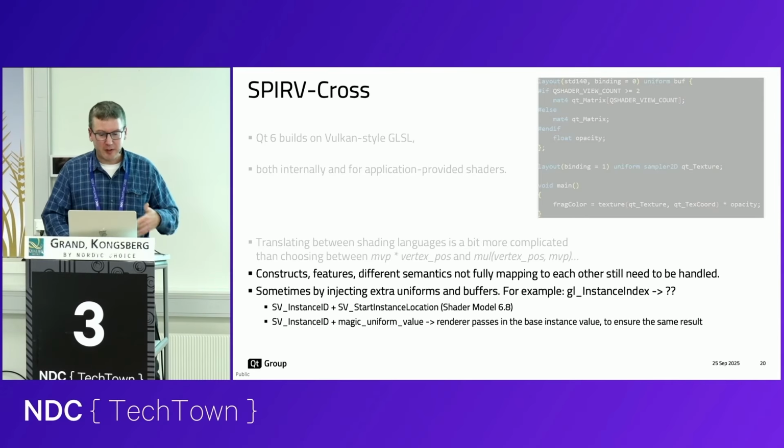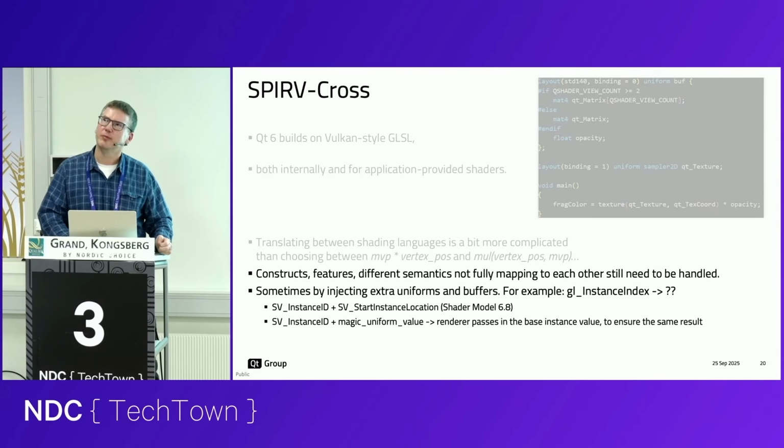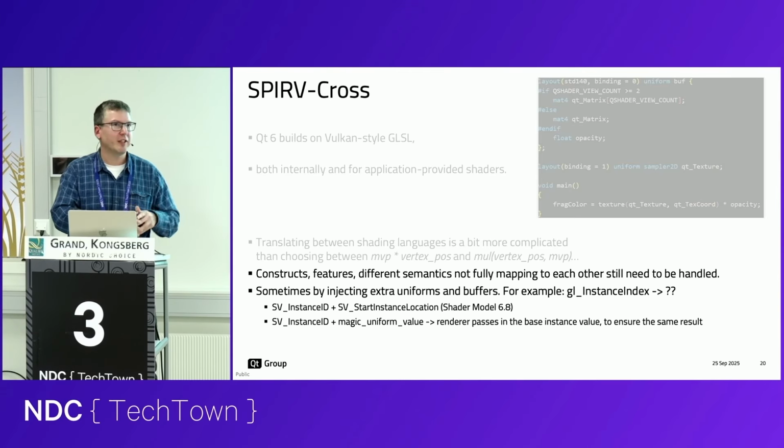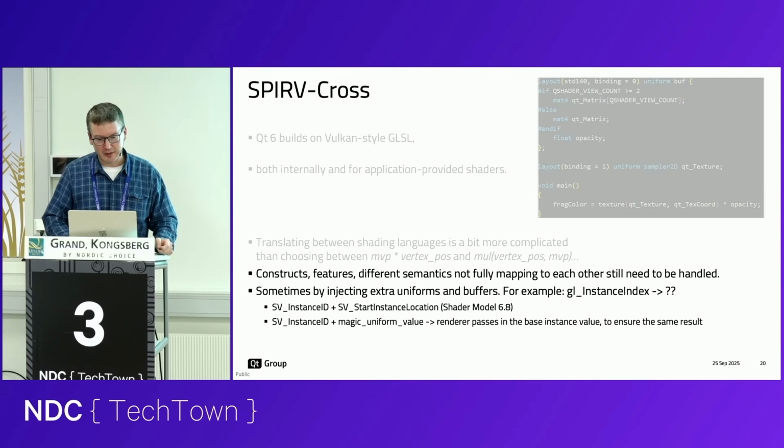Long story short, in Vulkan you can have a base instance, so that you can pass a value to the draw call, think of it as an offset, and this variable includes this offset. The equivalent in HLSL, SV_InstanceID, does not include that offset, so it never includes the base instance. It's always 0-based, which matters if the base instance was not 0.